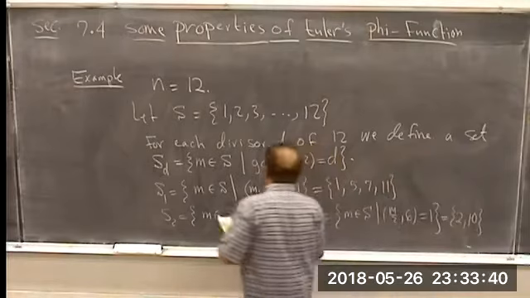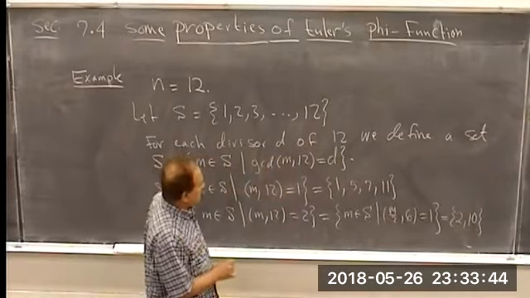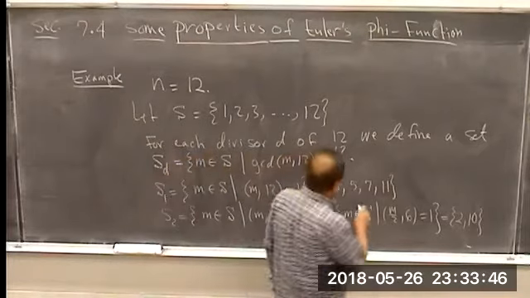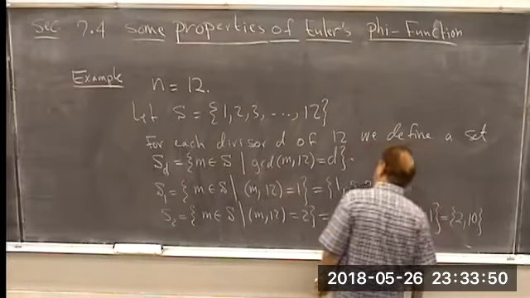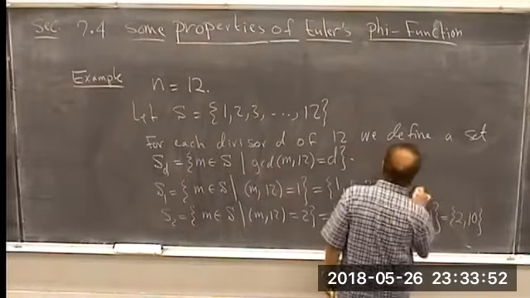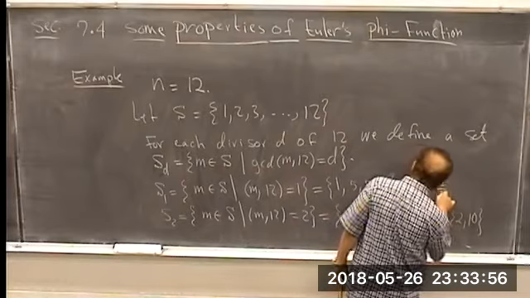All right? Let's go back and figure out how many elements each one of these has. S1 has 4 elements, and it happens that 4 is equal to phi of 12, or phi of 12 over 1.